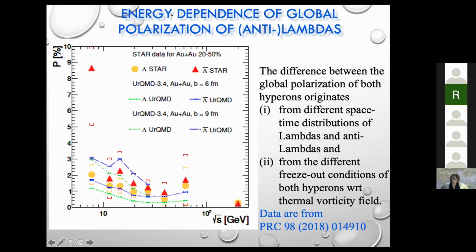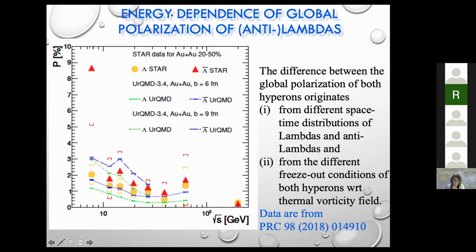Yes, I know about this work. Does this also provide a larger polarization? I actually remember some discussion with Vadim, and he didn't produce the polarization of anti-lambda higher than lambda. It's a little bit higher, but it definitely doesn't come to 8%, similar to what Evgeny showed. It's a little bit higher, but not so high.